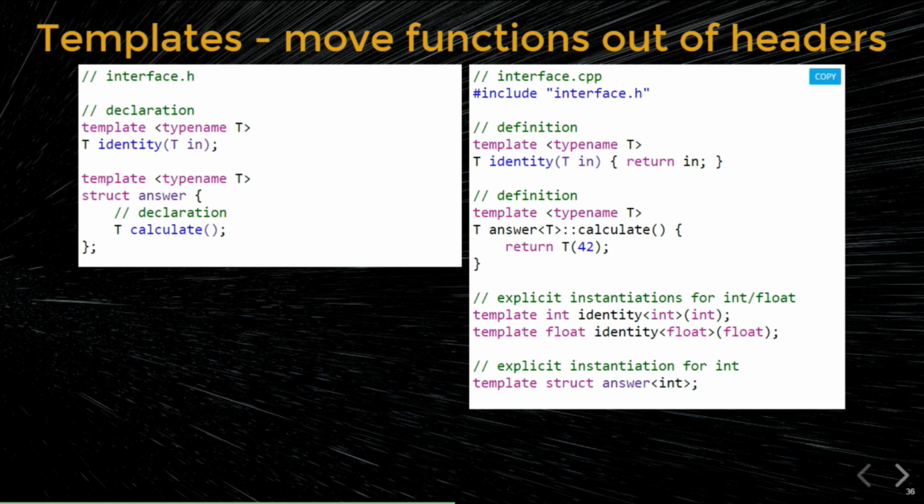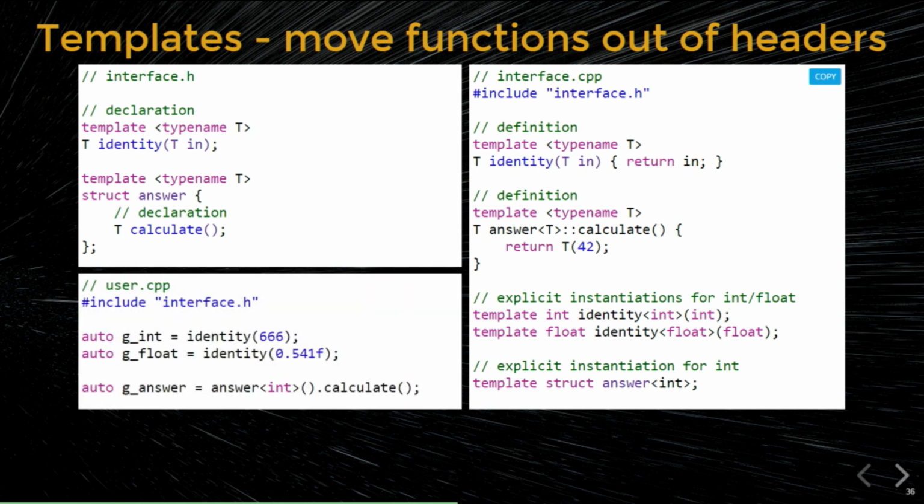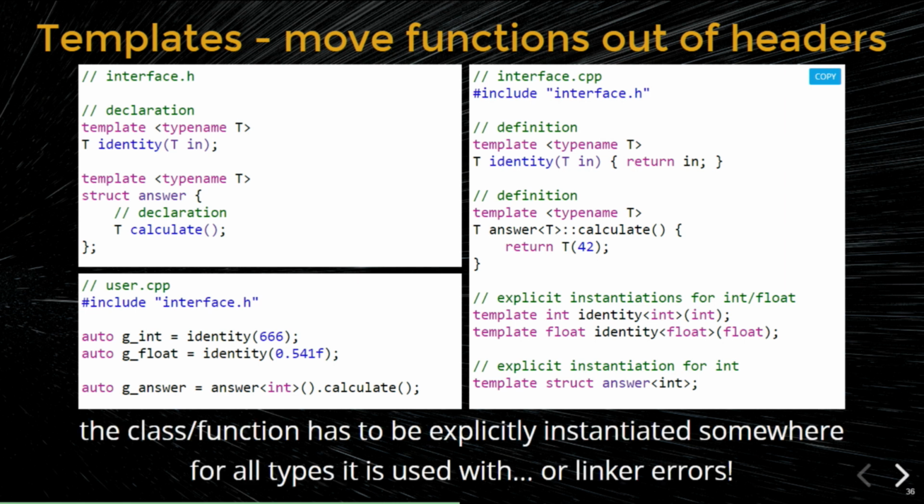Otherwise, we'll get linker errors. So now the user can just use those templates directly for the specific and exact types that have already been instantiated. And we don't have to pay the price of the compiler parsing the full template and then instantiating it over and over again in different translation units.